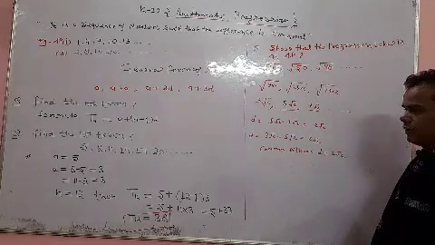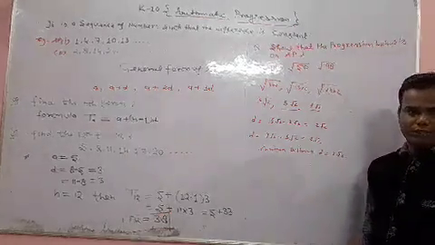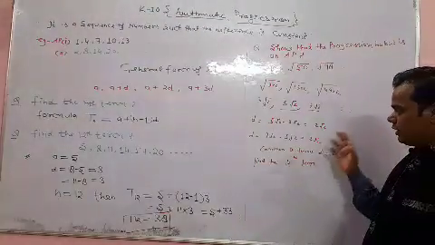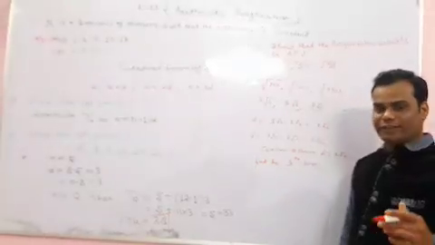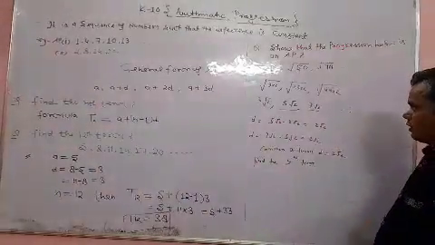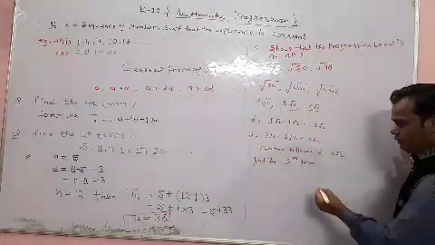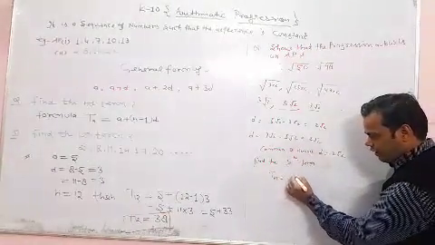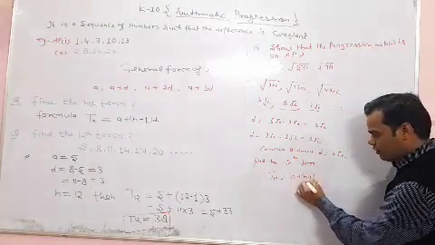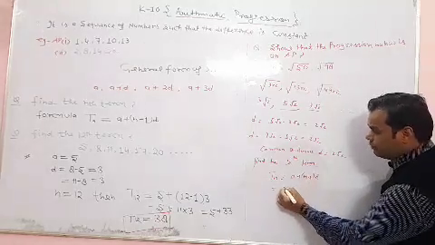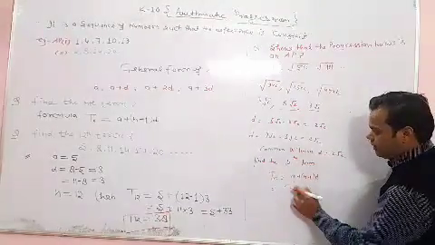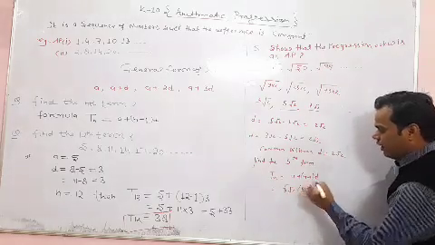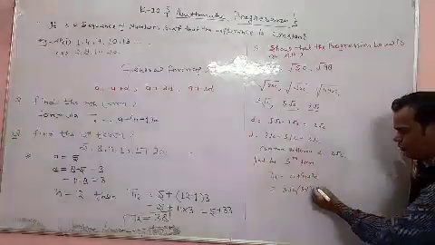And next, the next example: find the fifth term in this given AP. For the fifth term you use the formula Tn equals a plus n minus 1 into d. Here a is 3 root 2, n is 5 minus 1, and the common difference d is 2 root 2.